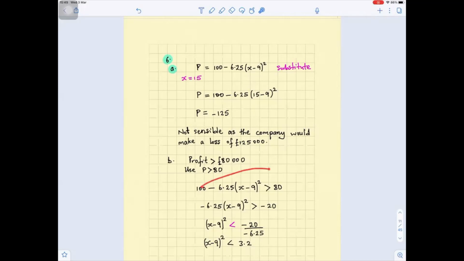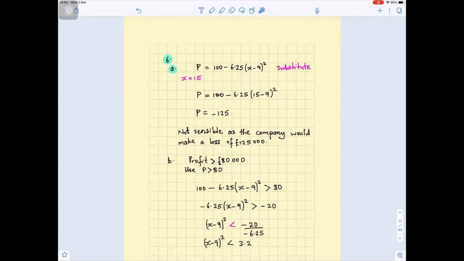So if we take 100 to the right hand side, 80 minus 100, it gives you minus 20. And then we divide by minus 6.25. When you divide by a negative, you change the sign from greater than to less than. Because we are dividing by minus 6.25, we change the sign from greater than to less than.